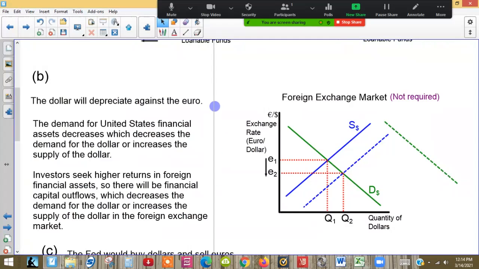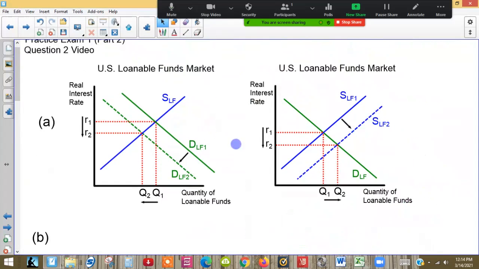depreciate against the euro, and you could explain it by saying that the demand for U.S. financial assets is going to decrease because of the lower real interest rate.